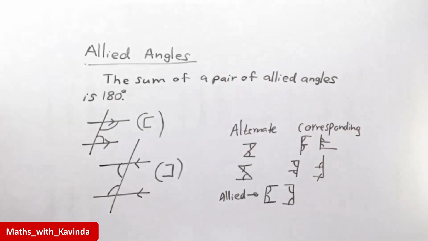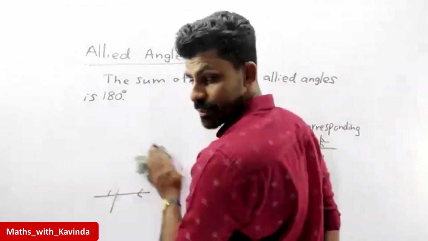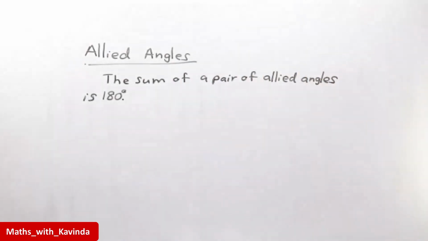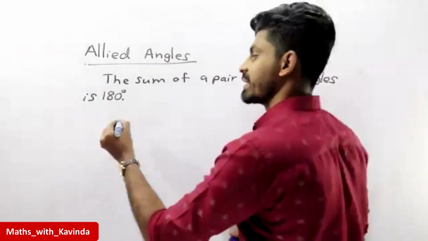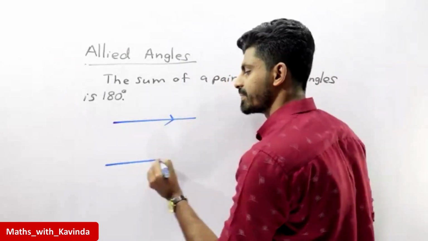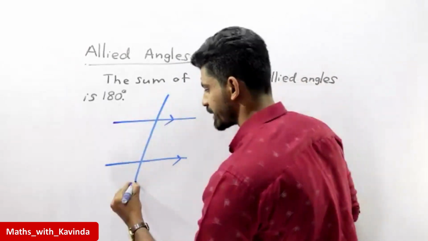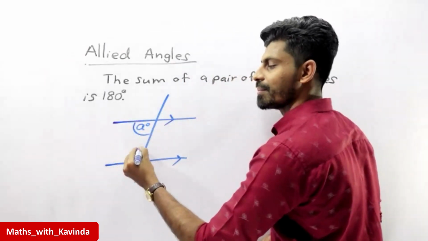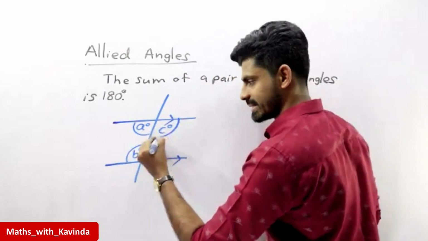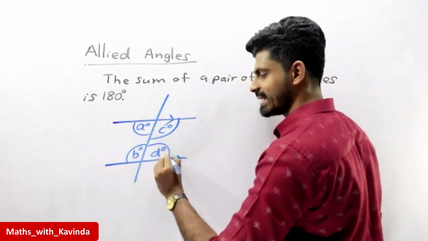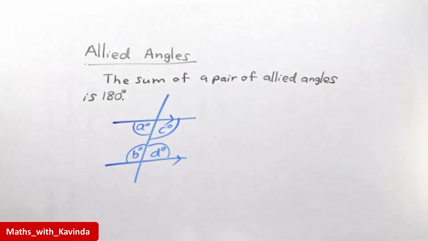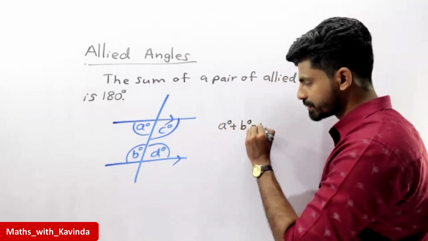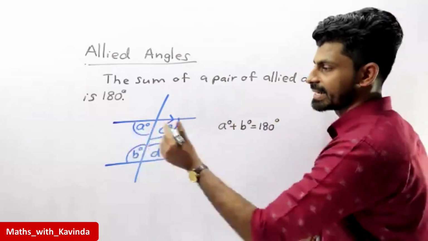Let's quickly write down this one. Quickly note it down. Then you can draw the parallel lines: two parallel lines intersecting with one transversal line. I'm taking A, B, C, and D. A plus B equals 180.